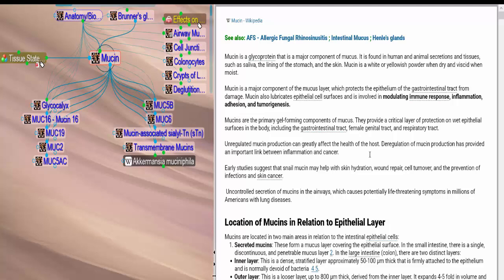Mucin also lubricates epithelial cell surfaces and is involved in modulating immune response, inflammation, adhesion, and tumorigenesis. It's the primary gel-forming component of mucus. Unregulated mucin production can affect the health of the host. Deregulation of mucin production is a link between inflammation and cancer.